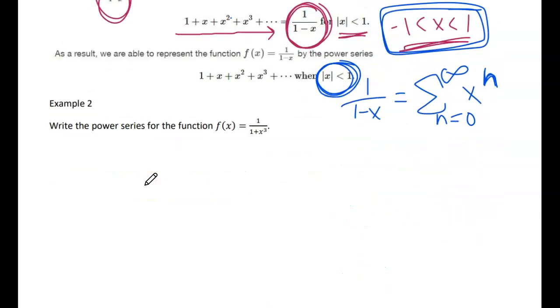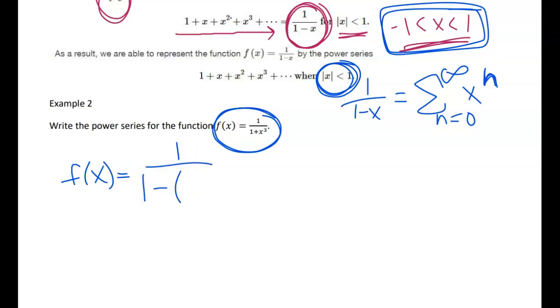Now, how do we write power series for functions? Notice that this function is f of x equals 1 over 1 minus negative x cubed. That took a little mathemagic to rewrite that, okay?